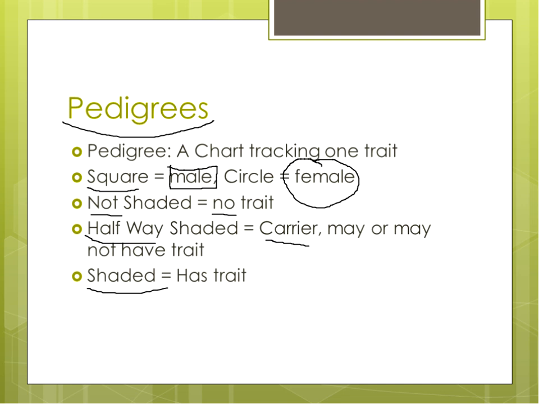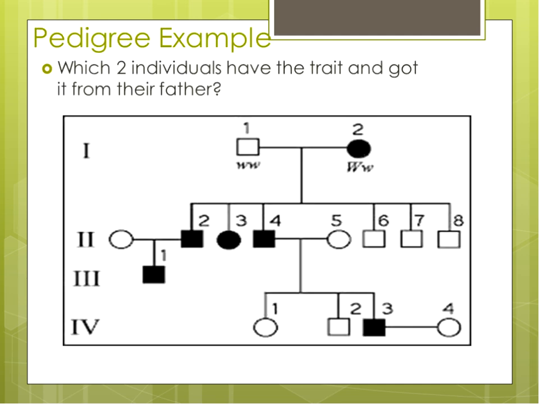So the question is, and this is the last question for today, which two individuals have the trait and got it from their father? How you answer that is by writing the Roman numeral first, which is I, or 1, and then II is 2, III is 3, and IV is 4.